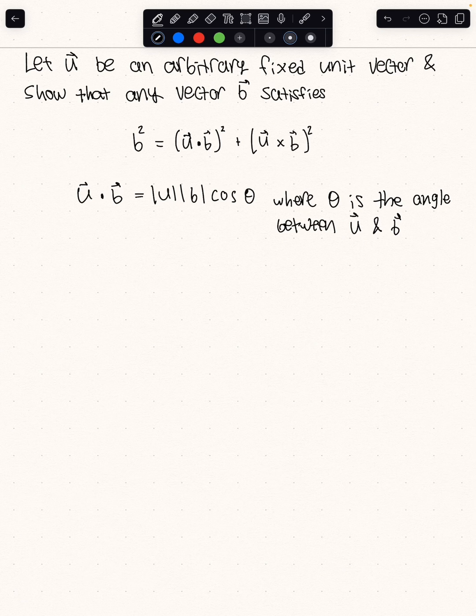Now it says that U is a unit vector, so a unit vector is going to have a length of 1. So U dot B is going to go to just the length of B cosine theta.